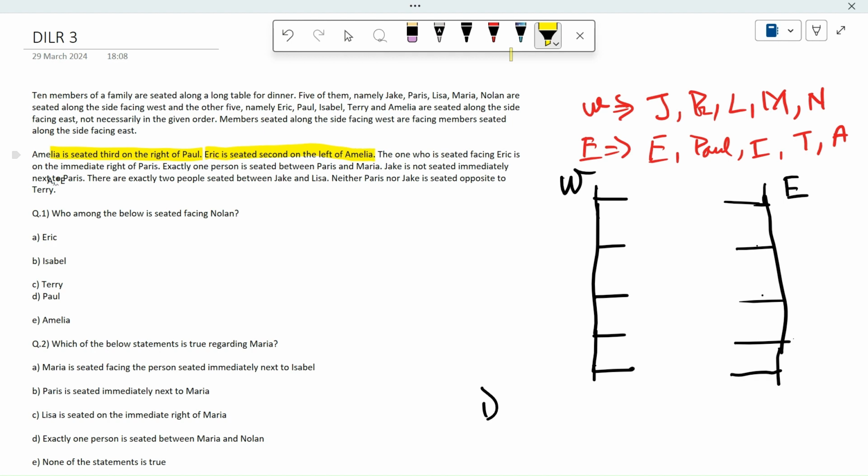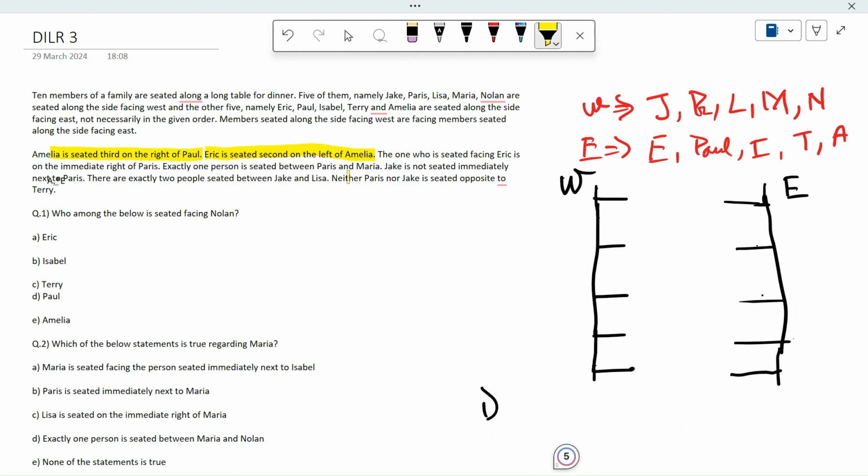The one who is seated facing Eric is on the immediate right of Paris.